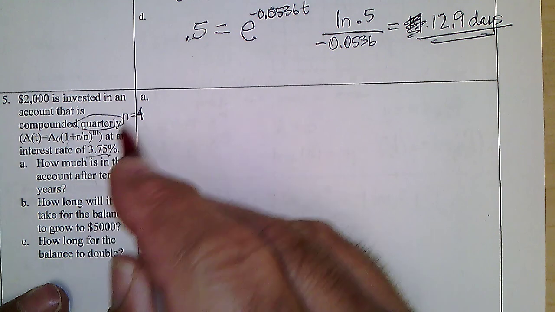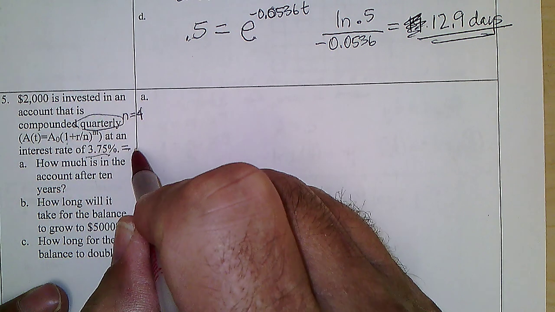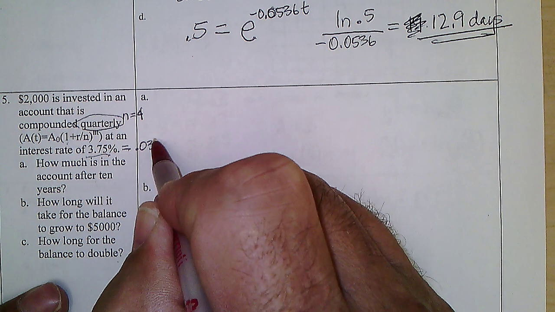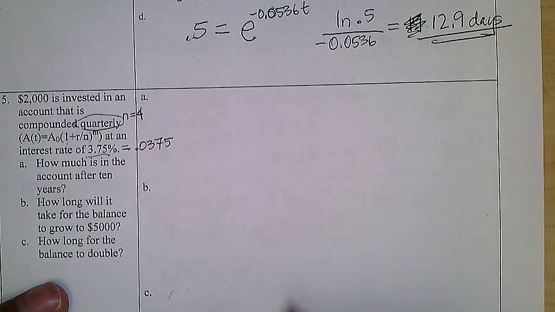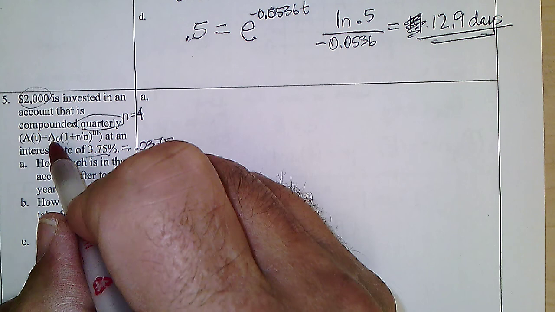Interest rate, 3.75, but you do that in decimal, 0.0375. So, starting amount goes into A0.